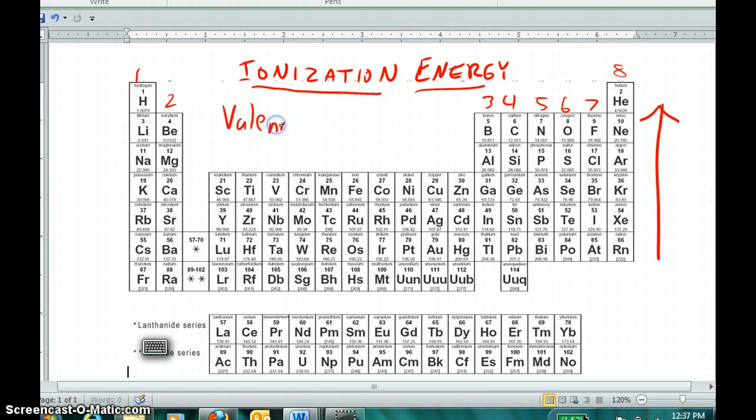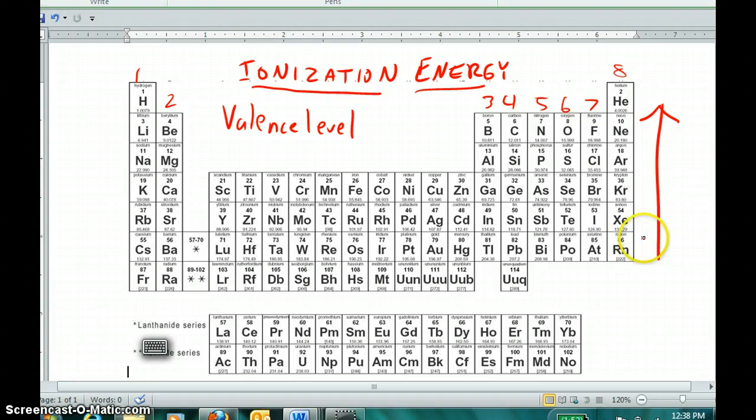That is the reactive level of electrons. And of course, the closer the valence electrons are to the nucleus, the more control the nucleus has over those electrons, the greater the attraction. So you're going to have to add more energy to remove an electron if it's in a lower valence level.